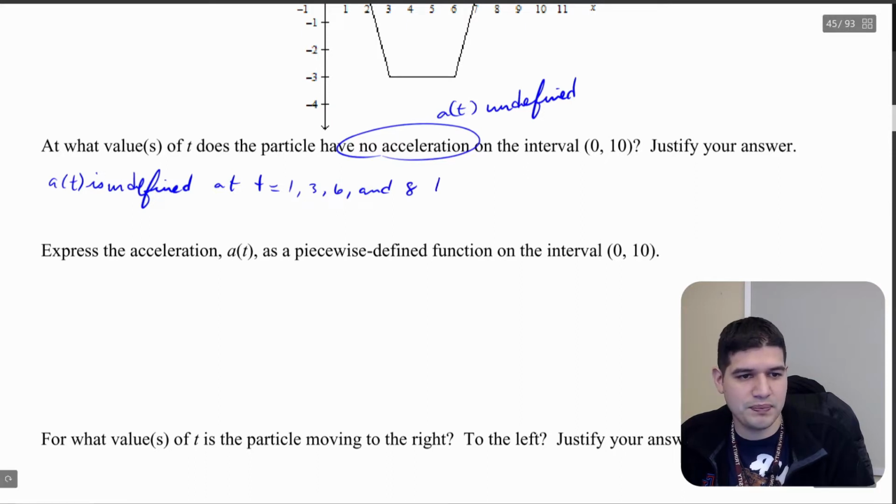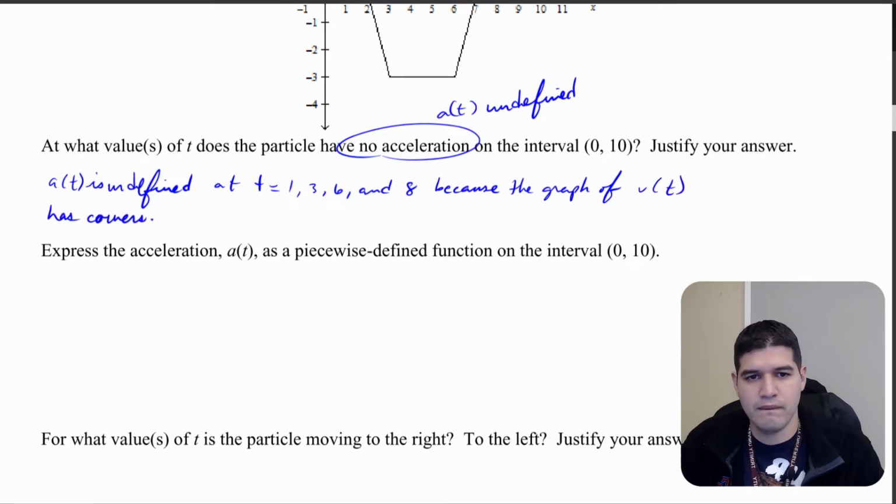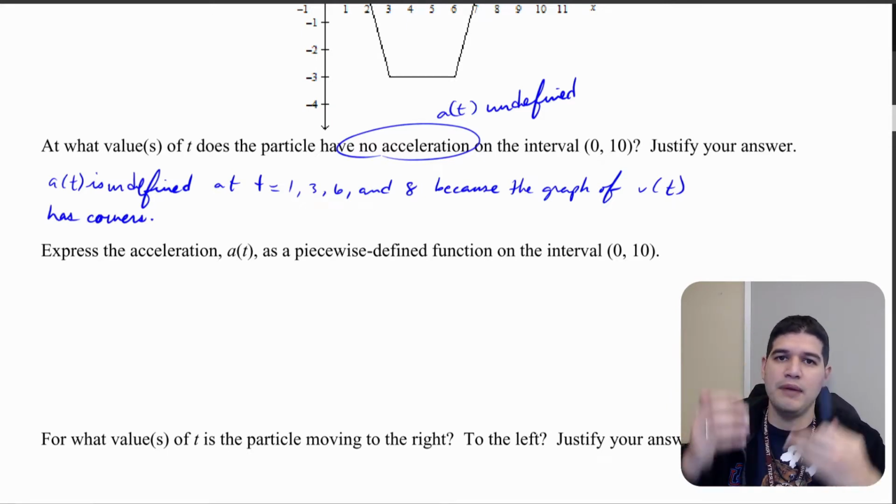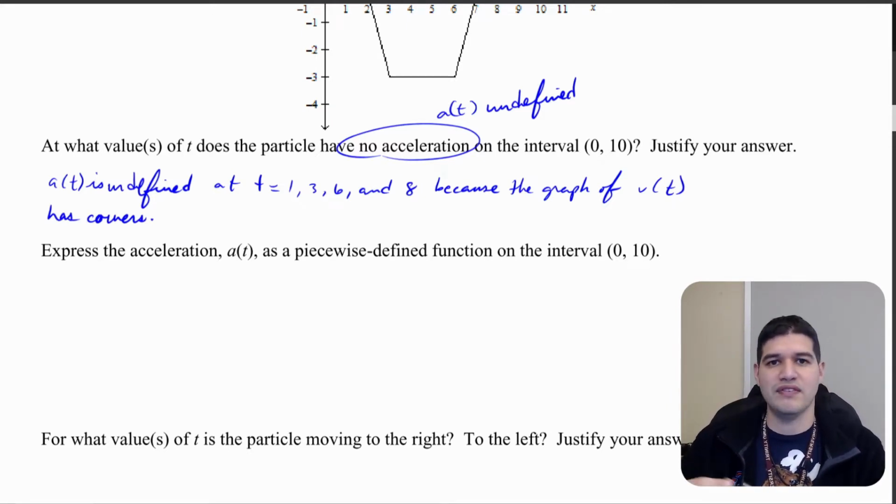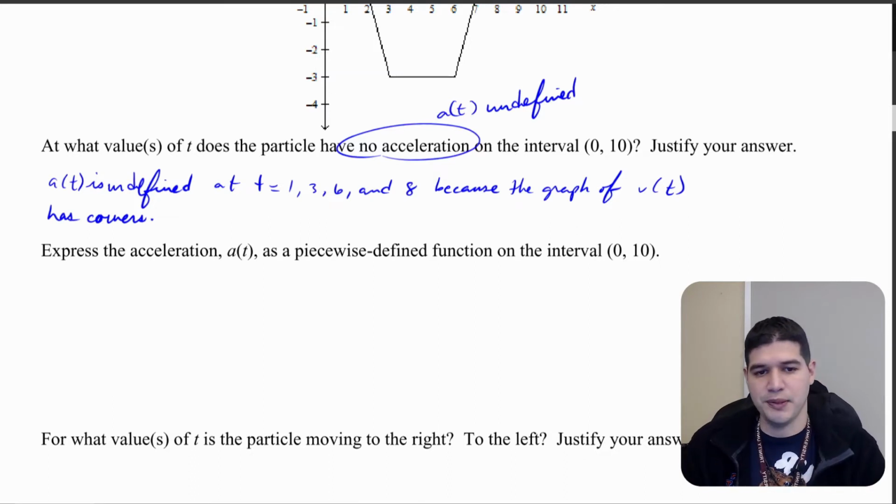The reason for this is because the graph of v of t has corners. So remember to make those connections between the graphs of f prime and f double prime, because that's going to give us velocity and acceleration.